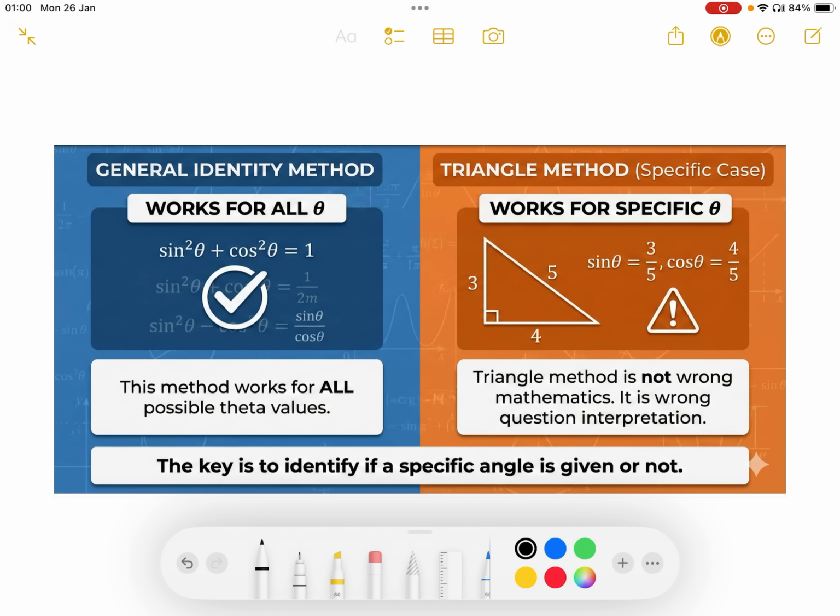When theta value is not given, the student assumed the theta value to be of a right angle triangle and applied Pythagorean theorem. So if values of angle are given, we are free to use it. We know whether it's a right triangle or any other thing. So when theta values are not given, use only identities. This is the key to identify whether we should use the general identity method or a triangle method.